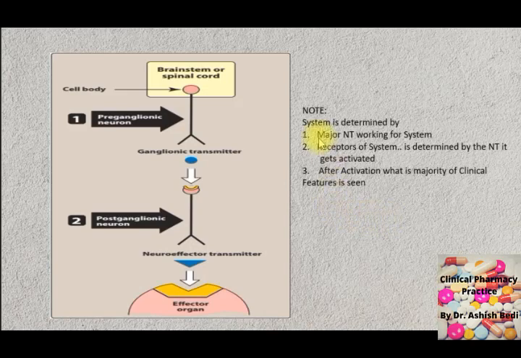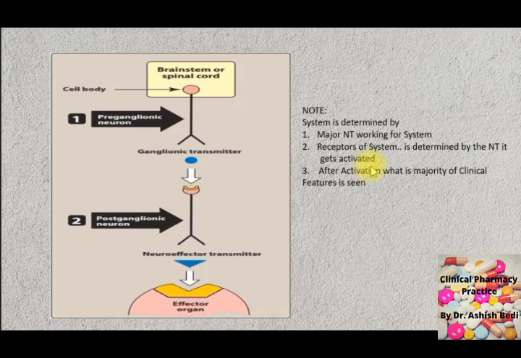First, what is the major neurotransmitter working for that system? Second, what are the receptors of the system? How will you know a receptor comes under that particular system? It is determined by which neurotransmitter activates it.